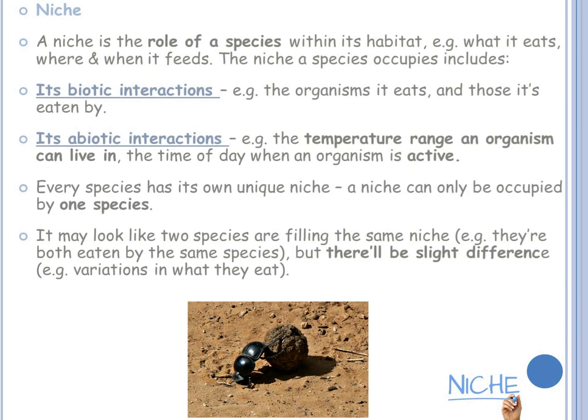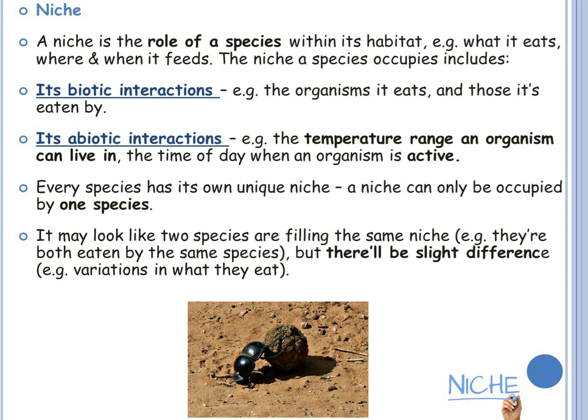So just to break that down further, a niche is the role of a species within its habitat, what it eats, where and when it feeds. The niche a species occupies includes its biotic interactions, e.g. the organisms it eats and those it's eaten by, and its abiotic interactions, e.g. the temperature range an organism can live in, the time of day when an organism is active.